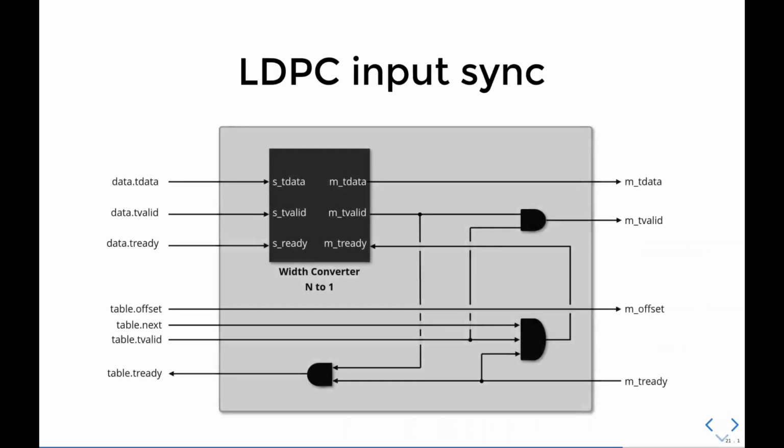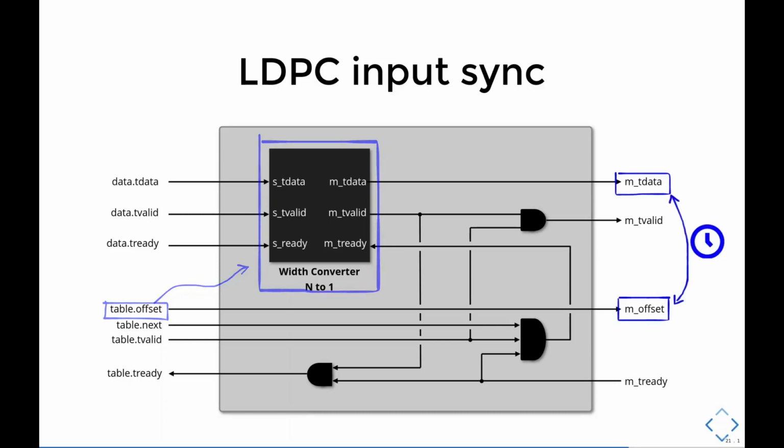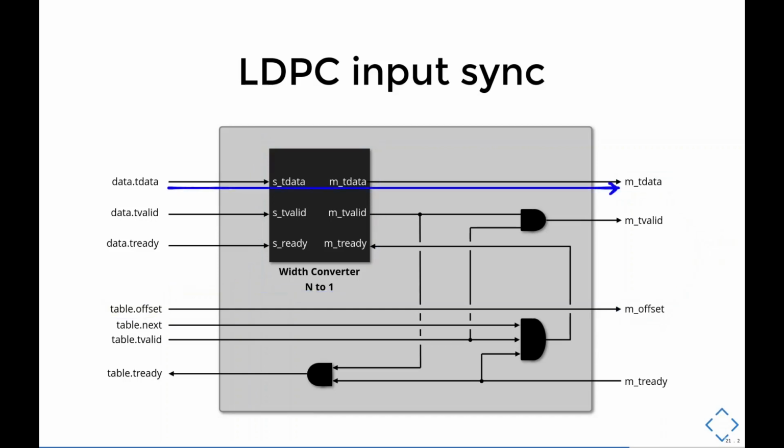The LDPC input sync is used to synchronize table offsets to data bits. Because parity bit offsets are given 1 per cycle, we need to convert the input data stream to 1 bit as well. This ensures that output data and output offsets are synchronized. Data passes through the width converter directly. Offsets pass through directly.